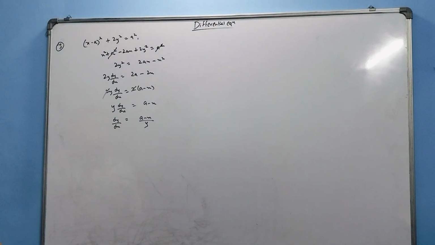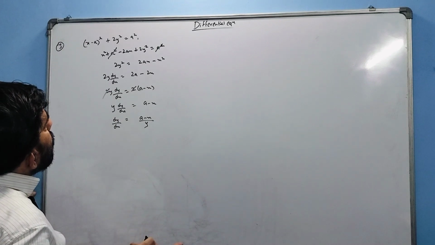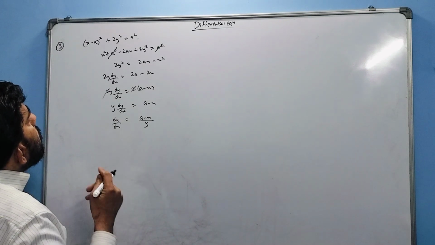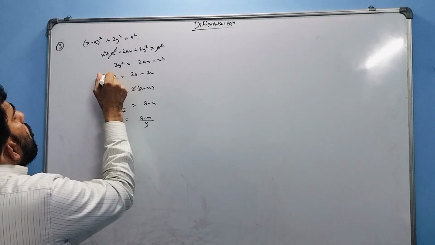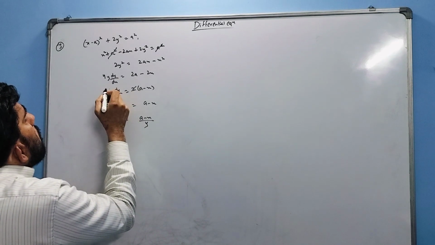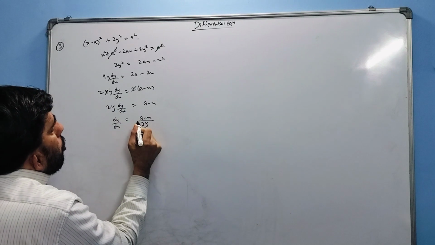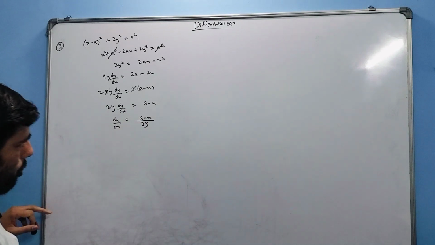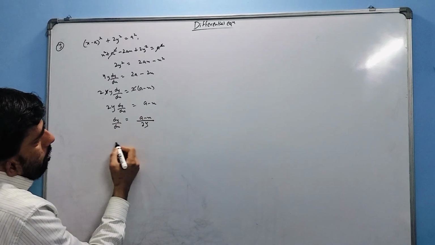Now we have 2y square, so it will be 4y dy upon dx. If I reduce this by 4, I get 2y dy upon dx. Now we multiply with 2x.